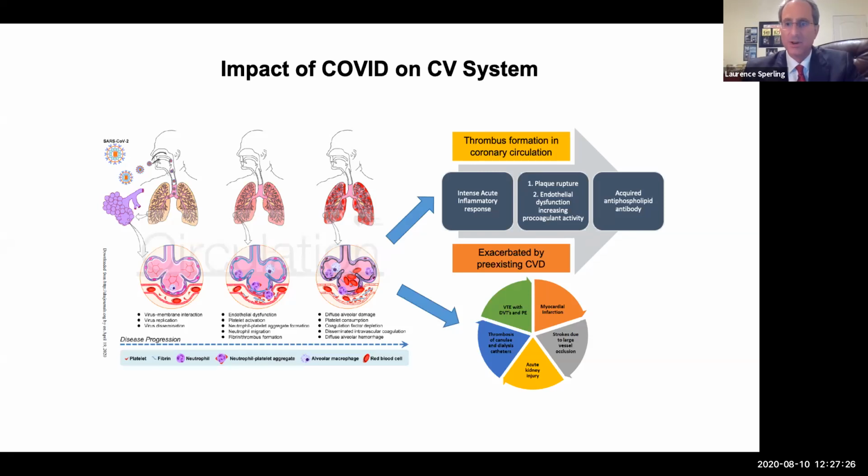We know COVID illness affects endothelial function, thrombosis. It affects through demand stress, increasing the risk of acute coronary syndromes, the risk of myocarditis and stress cardiomyopathy, Takotsubo's-like picture.